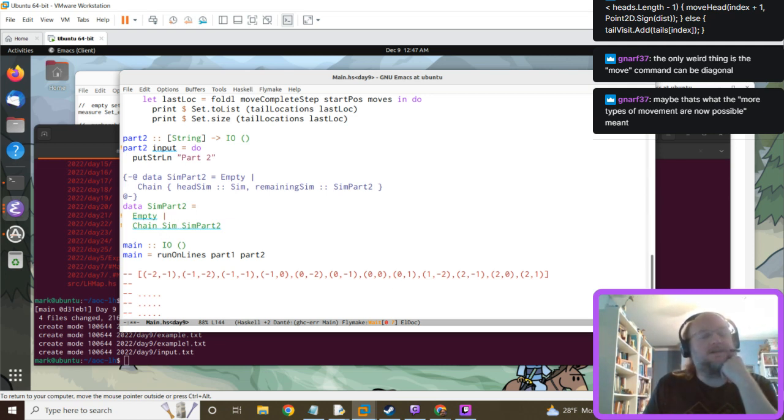So we would like to say if the remaining sim is non-empty, then its head position equals the tail position of the sim ahead of it.